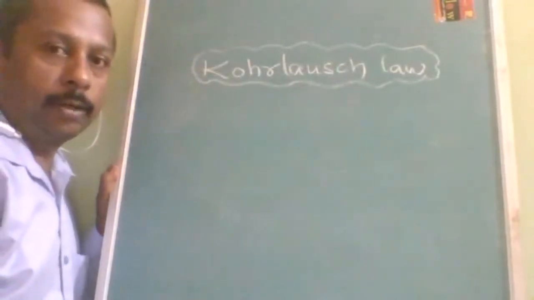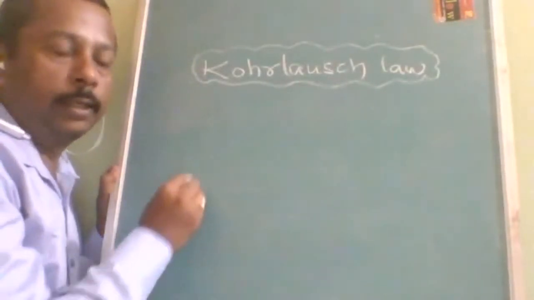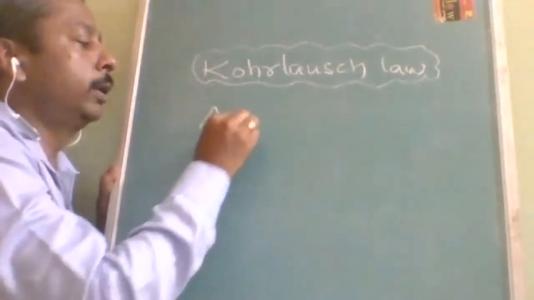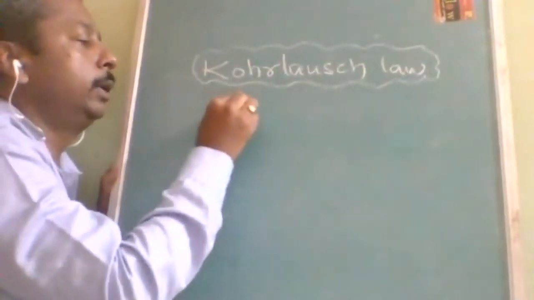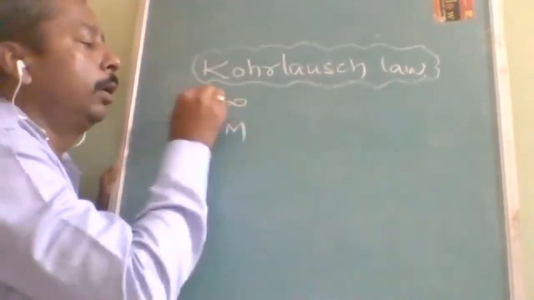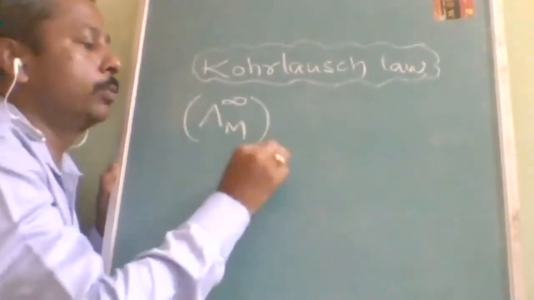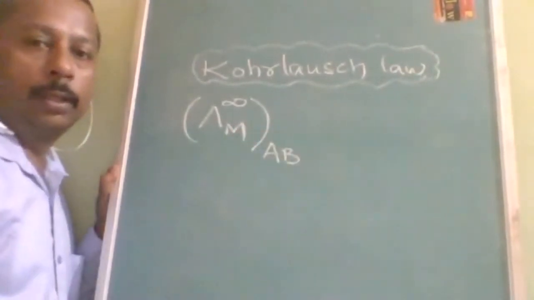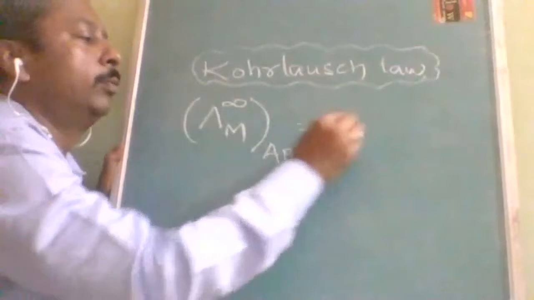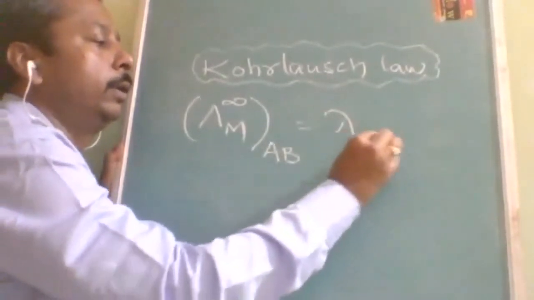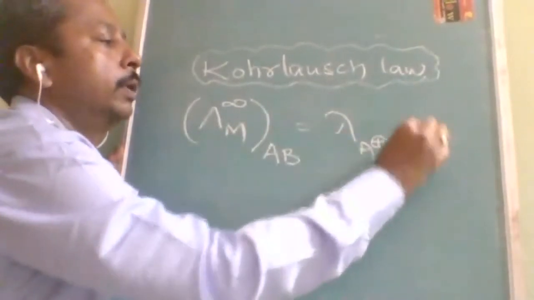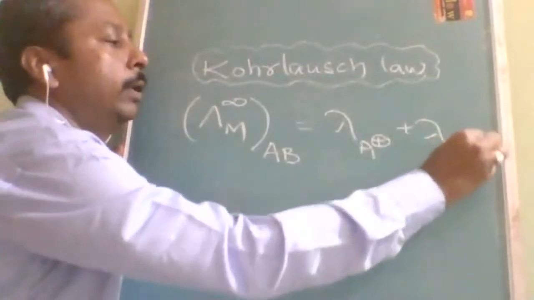According to Kohlrausch's law, the molar conductivity at infinite dilution of an electrolyte, suppose AB, is equal to the sum of the ionic conductivities.